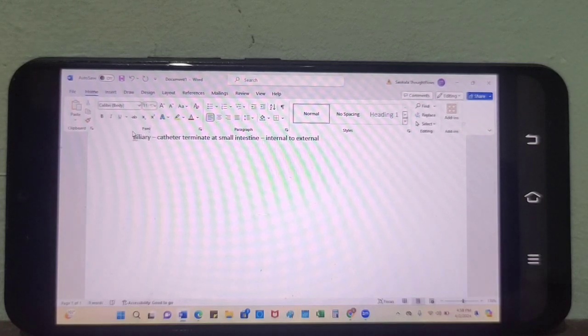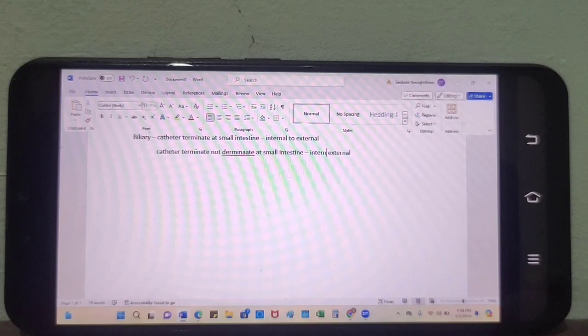If the catheter does not terminate at the small intestine, that is external.